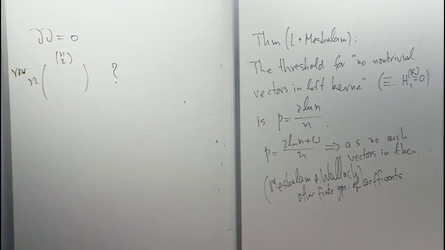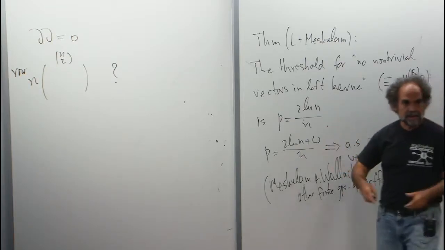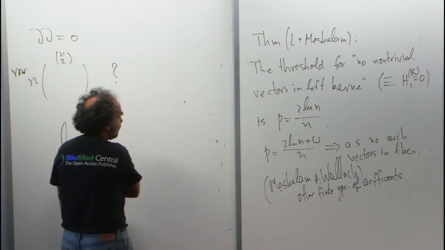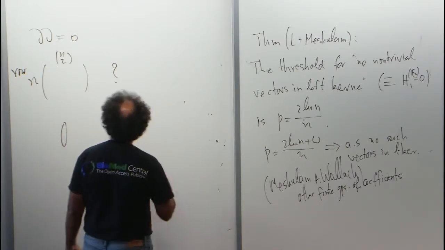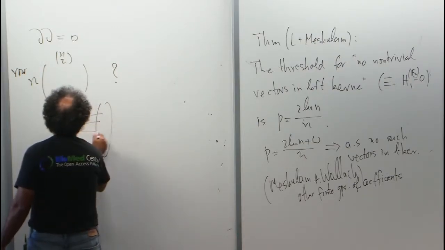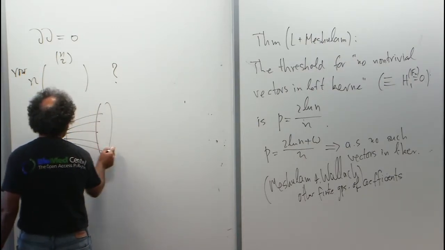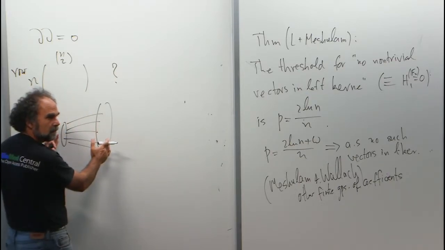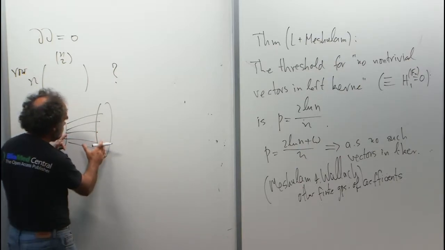What happens if I add up 2 such rows or any such set of rows? Remember that vectors here I think of as graphs. So it's exactly something like this. I partition the vertex set into 2 parts. It's a complete bipartite graph on such a thing.